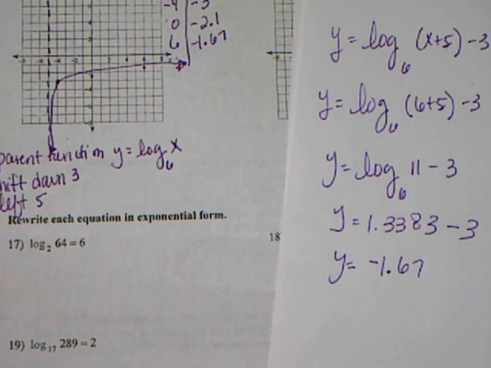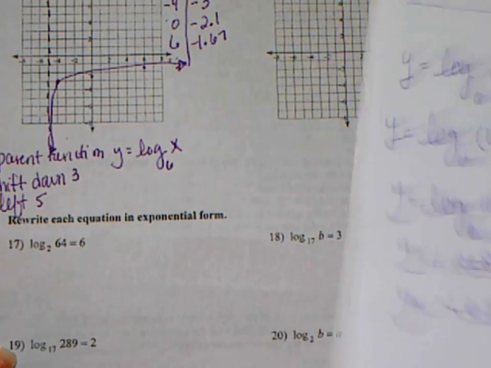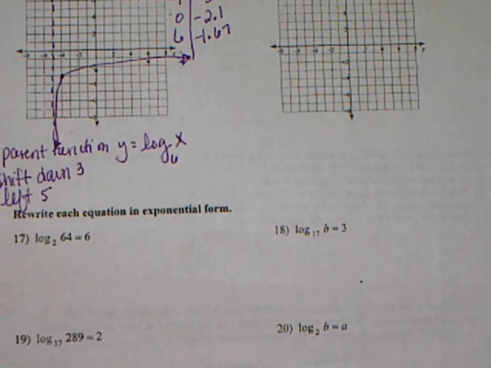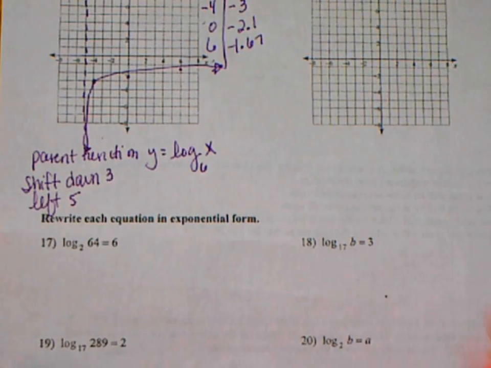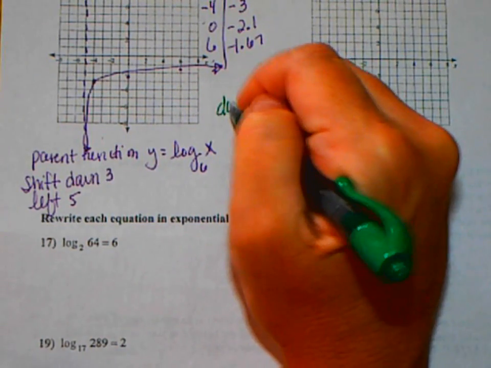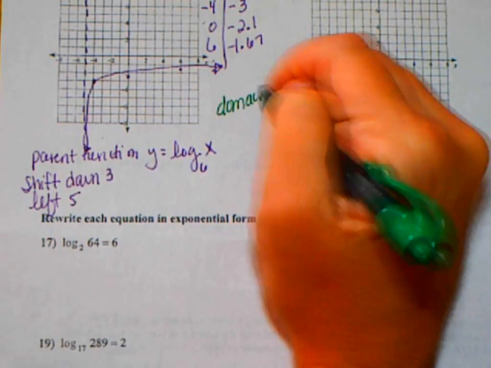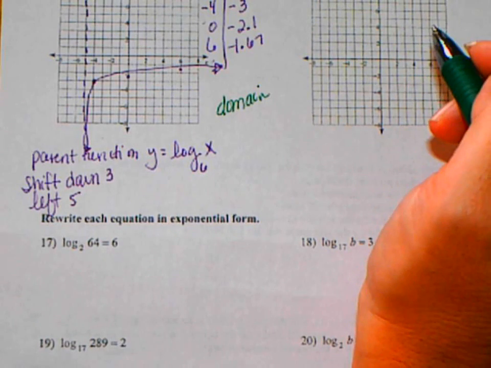Let's see, I don't think I answered all of the questions. Identify the domain and range. We haven't done that yet. Okay, so remember, domain and range are kind of different than they are on exponential because a logarithm and an exponential function are the inverse of each other. So for domain, that's all of your possible x values. What is your domain going to be for this?